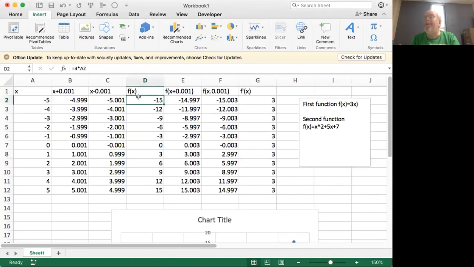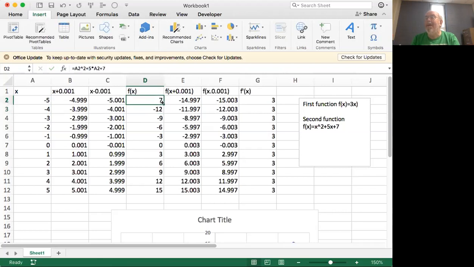And I'm simply going to go in where f of x was and put in the new formula. That would be A2 squared plus 5 times A2 plus 7. I need the times between the 5 and the A2 because I can't do implicit multiplication in Excel.